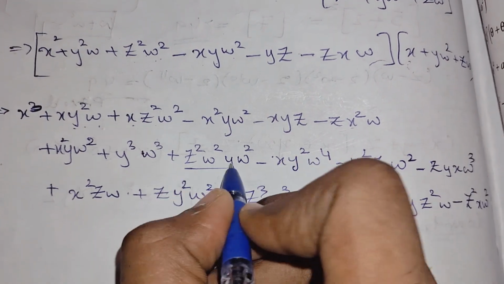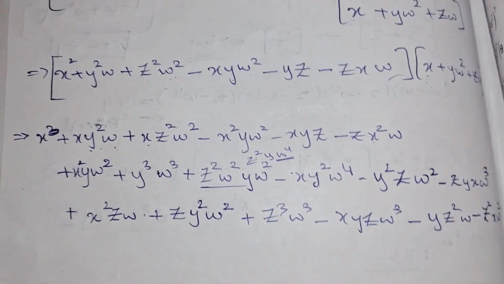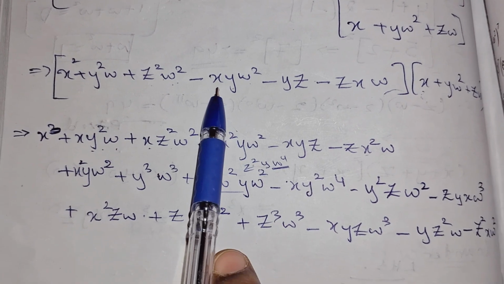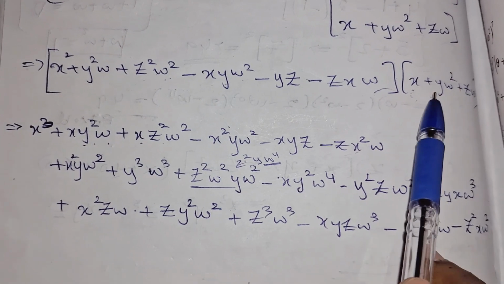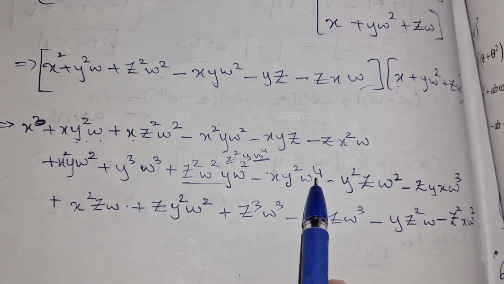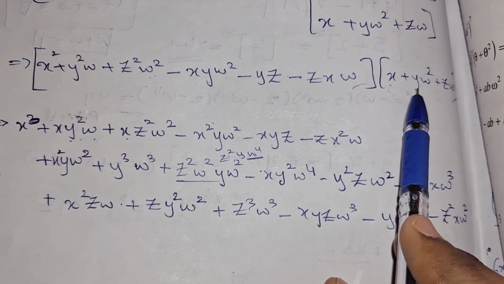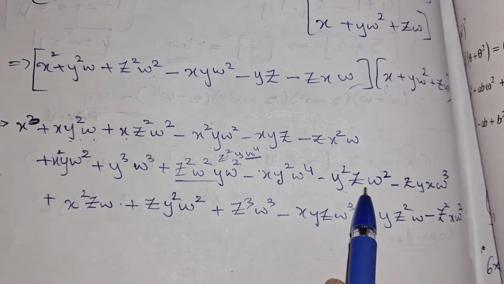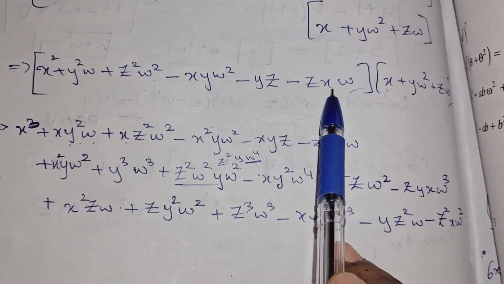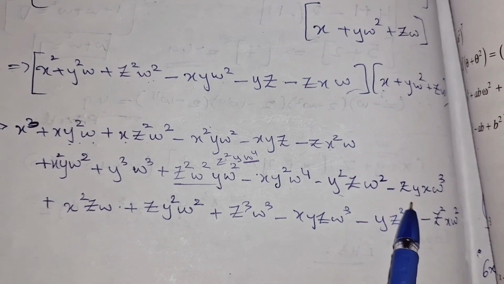Then minus xy omega square into y omega square is minus xy square omega to the power 4. Then minus yz into y omega square is minus y square z omega square, then minus zx into y omega square is minus xyz omega cube.